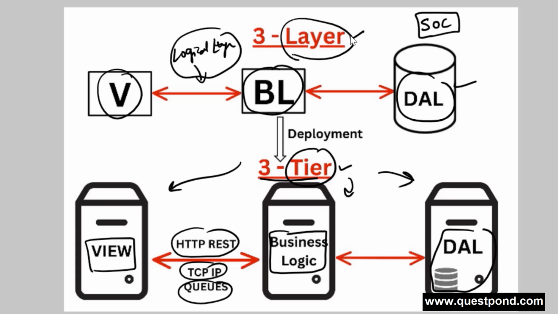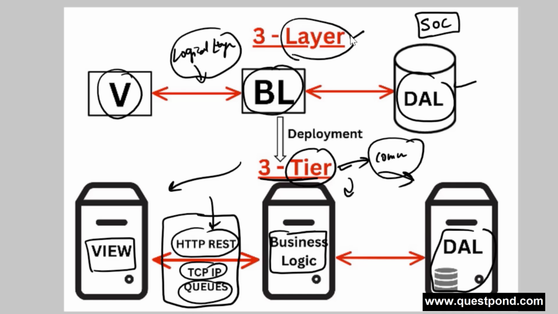And it is very essential to understand that as soon as you say 3-tier, complexity increases, because now you have to take into account how you will communicate through the network. So you have to write extra code for HTTP or TCP/IP or web API calls and so on, right?